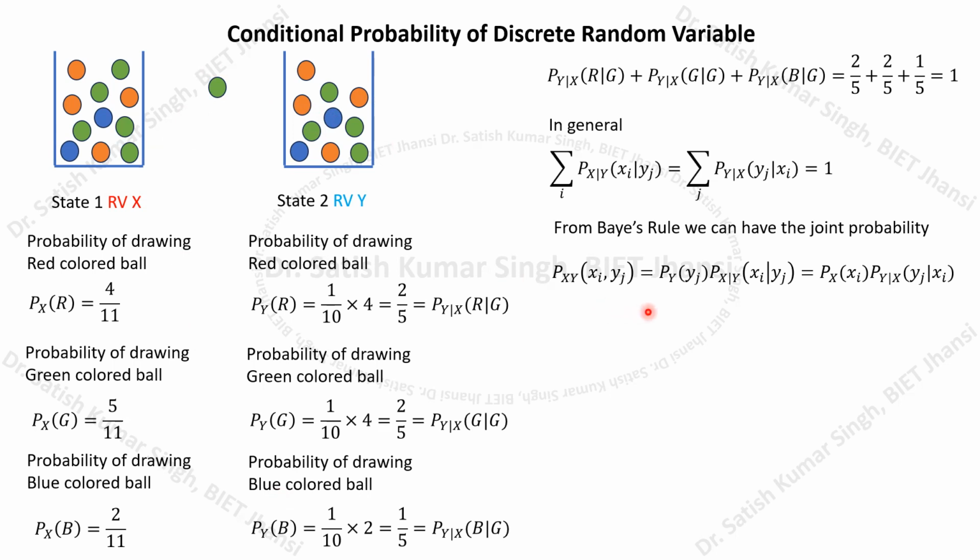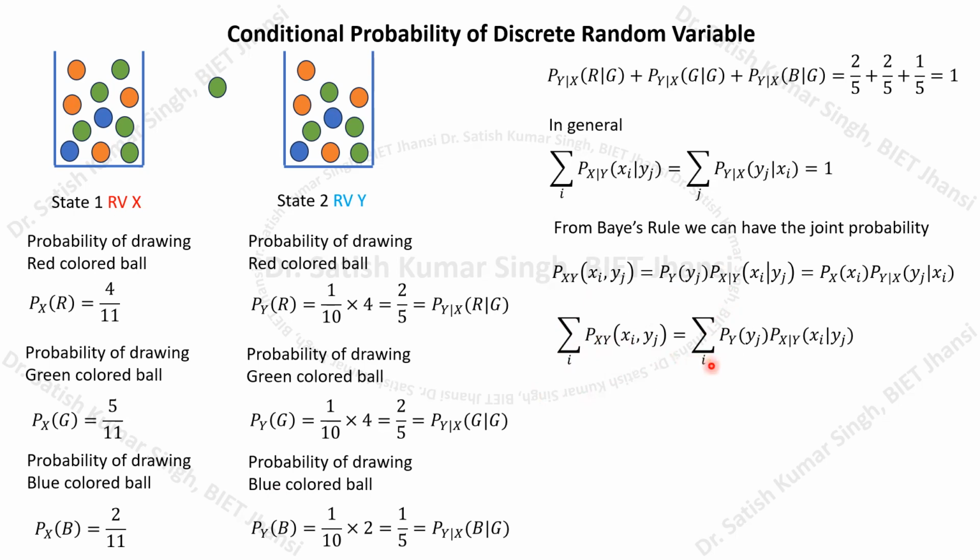So we can have our joint probability definition. That joint probability can be calculated by this particular Bayes rule that I explained in the last lecture. So you can follow this expression. If we take the summation over both sides of this expression, over index i, then here we are calculating the joint probabilities.